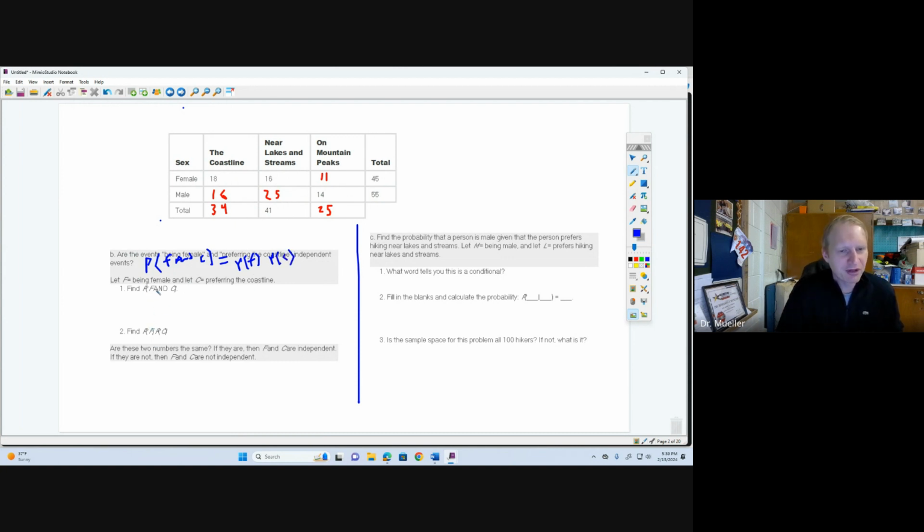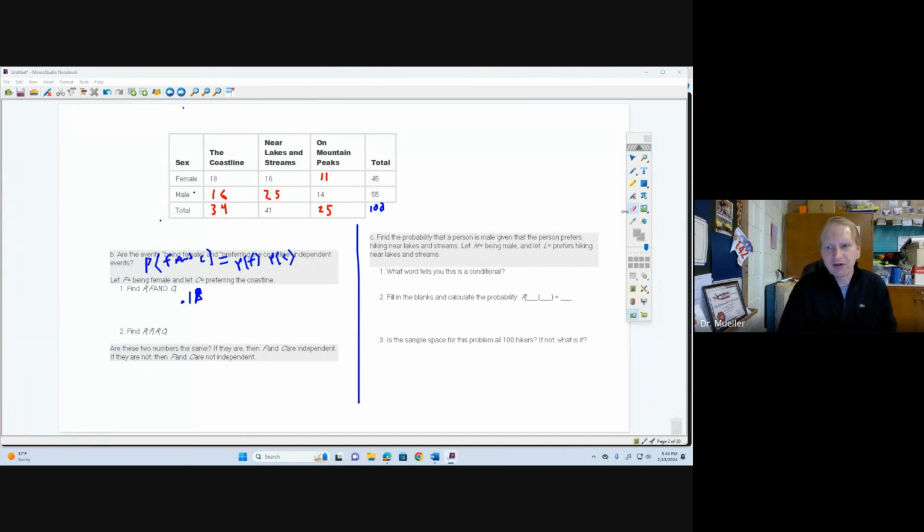So the probability of F and C, a female and the coastline, would be 18 out of the grand total here. So 55 plus 45 is 100, right? So female and the coastline would be 18 out of 100, which is 0.18.